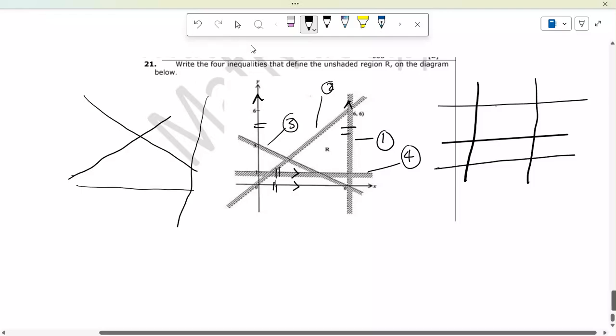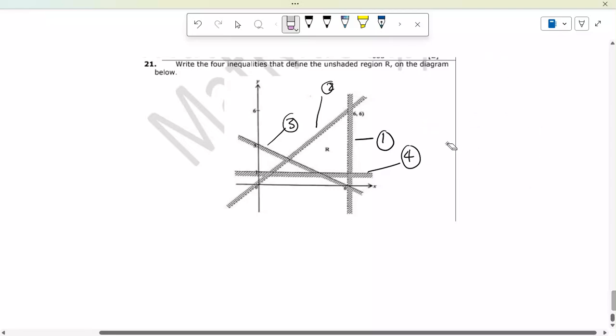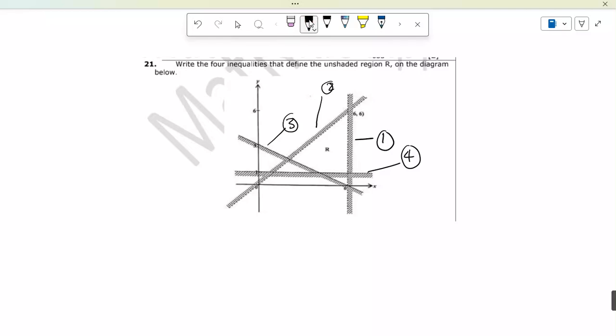So we'll focus first on those which are slant, then we'll finish with the parallel ones because they are easy to solve.